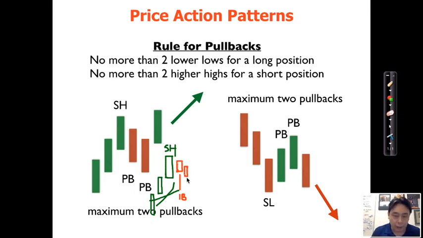So this candle is a pullback candle. Okay, so can we take the trade now? Yes, we can, because we have at least 1 pullback candle. So we'll place our buy order over here, right above the high of this candle, and our stop loss over here.